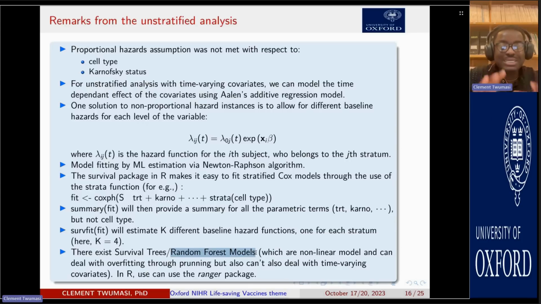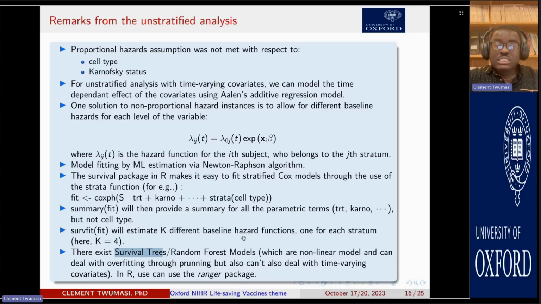So the random forest I'm mentioning is not the classical random forest in machine learning, like classification tree, random forest or gradient boosting machines. That's not what I'm talking about. The easiest thing you can say is survival trees. This class of models are nonlinear models.